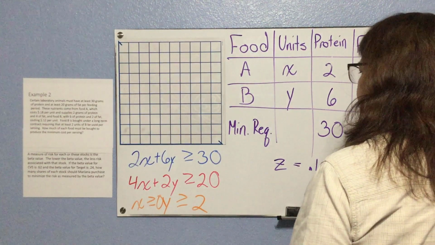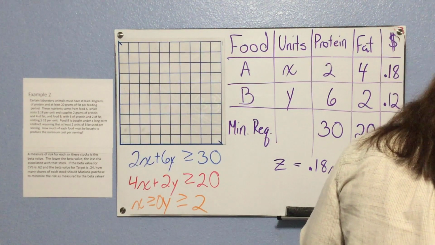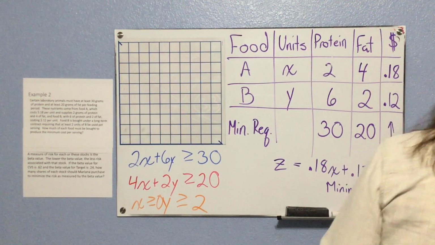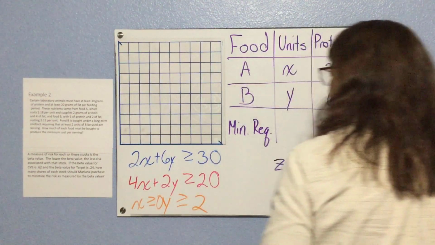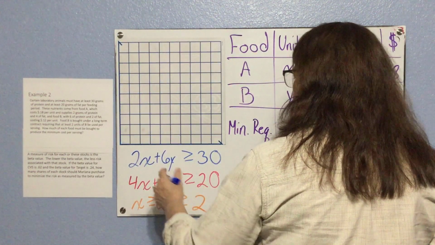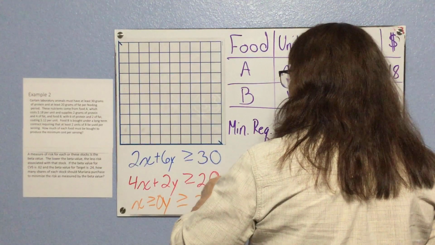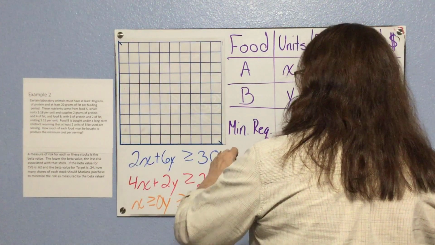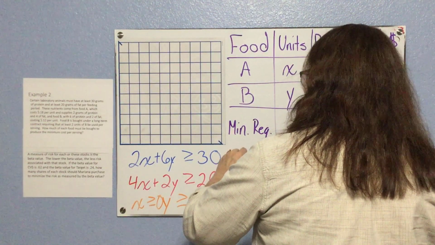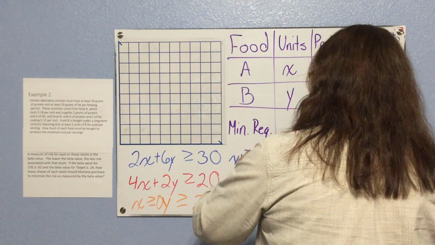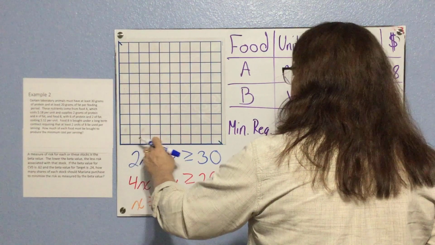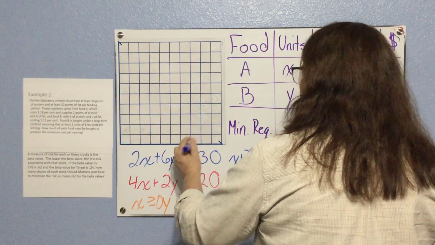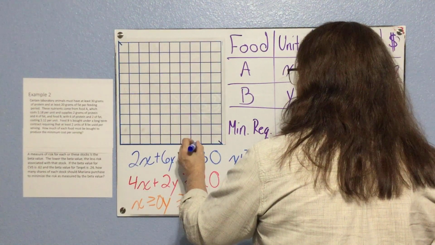So let's look at some of these. Okay, this time I'm going to make each box worth 2. And I'm still going to reduce this by a factor of 2. So I have x plus 3y greater than or equal to 15. 2, 4, 6, 8, 10, 12, 14, 15.